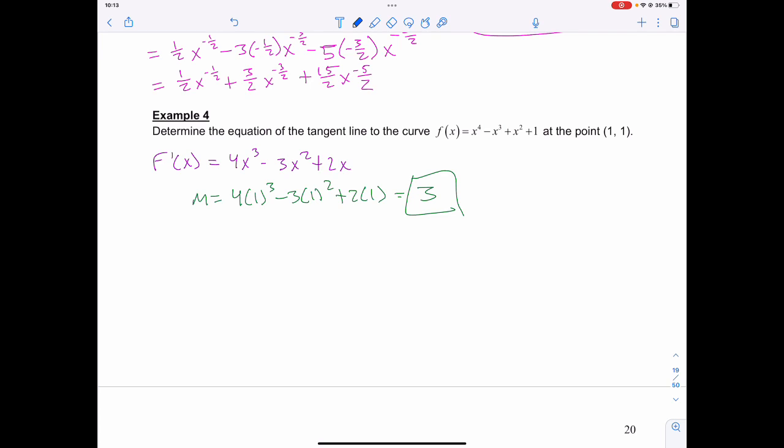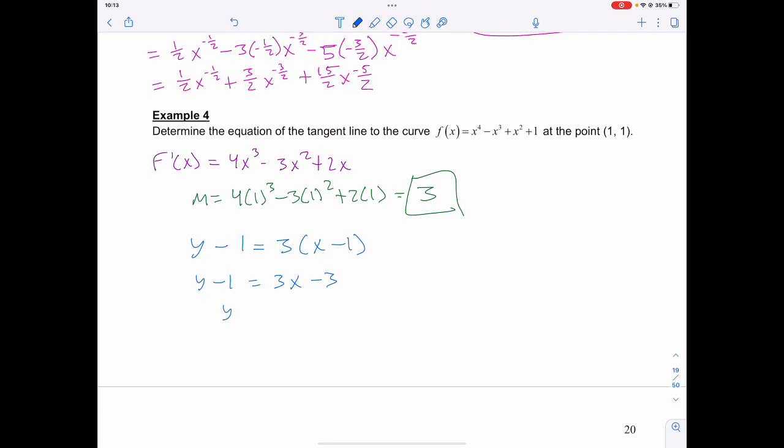When we're determining the tangent line to the curve at this exact point, then I'm going to say that my slope is 3 at the point of 1, 1, which means that I'm going to say y minus 1 is equal to the slope of 3, x minus 1, or y minus 1 is equal to 3x minus 3.